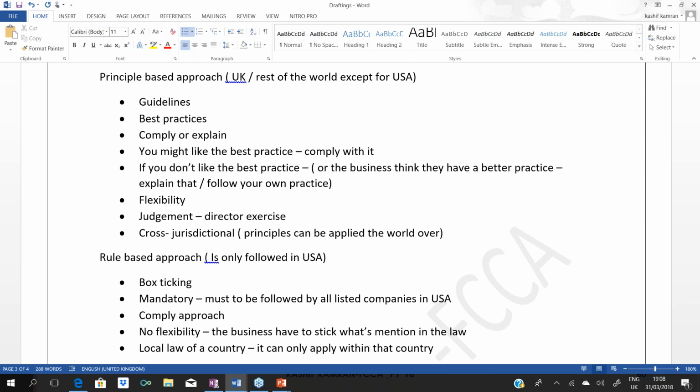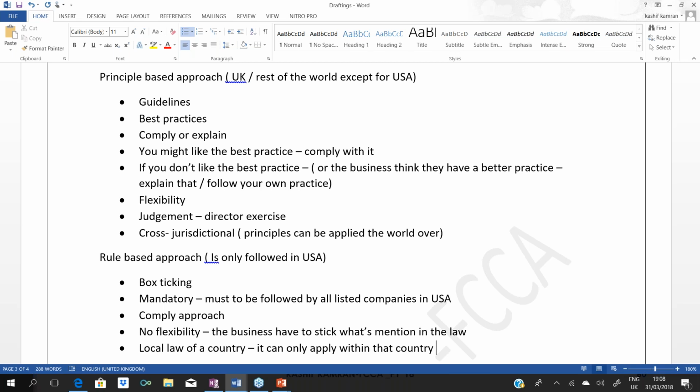Now, a very frequent question in the past papers is to distinguish between principles and rule-based approach. So this checklist in front of you will help you to distinguish between the principles and rule-based approaches of corporate governance.